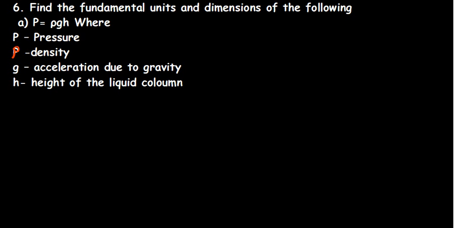Okay. Next, the question is to find the fundamental units and dimensions. So now we start with pressure. What are the SI units for pressure? Before I do that, let's first find it for density. We know that density is equal to mass divided by volume.